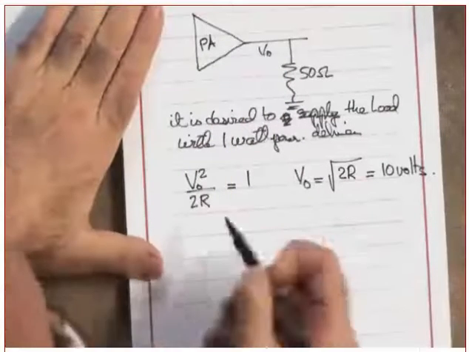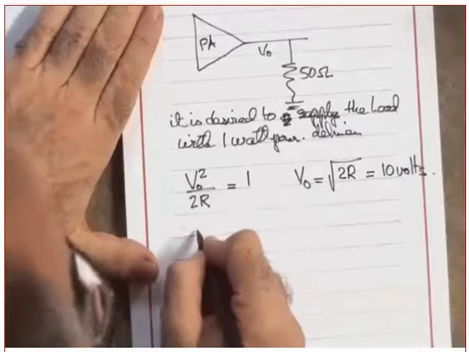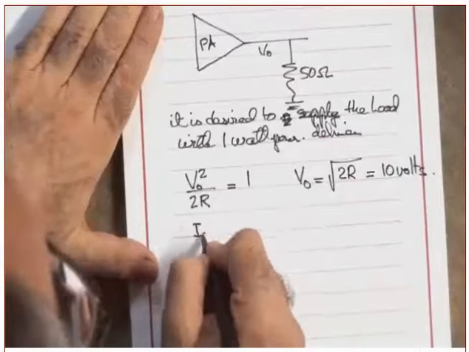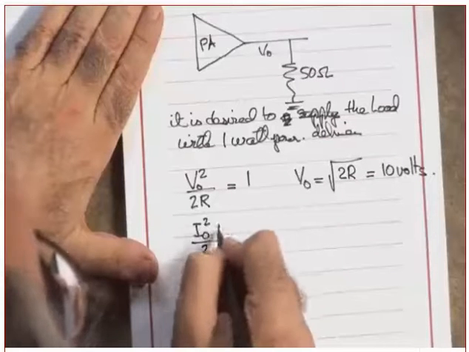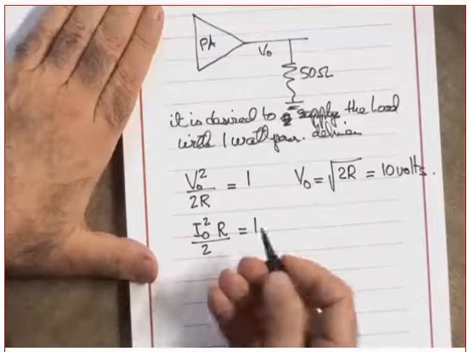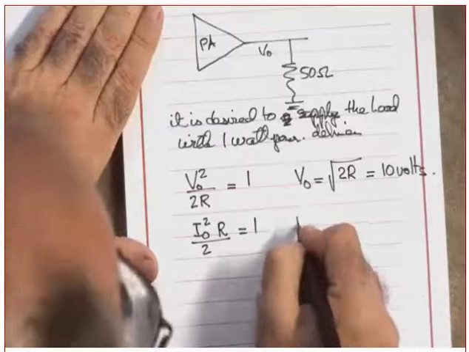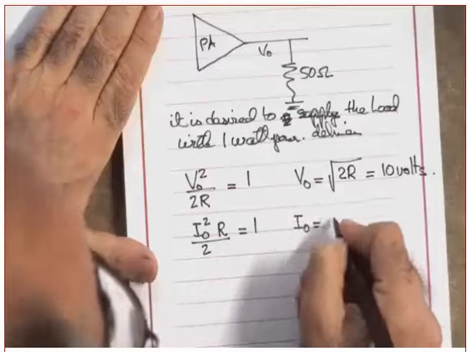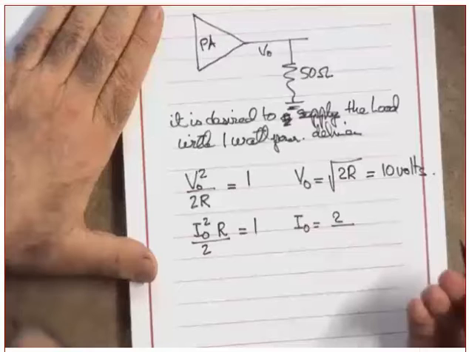Oh, so, by the way, what is the current? So what is I0? Did I mess up?